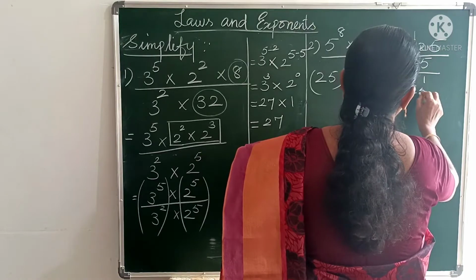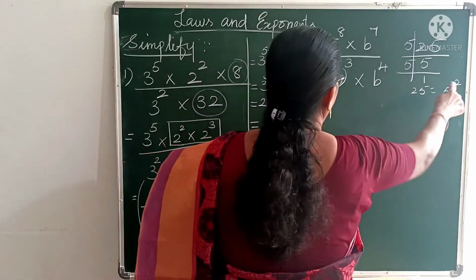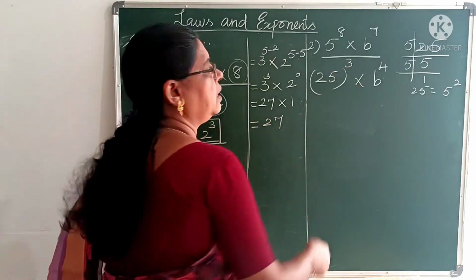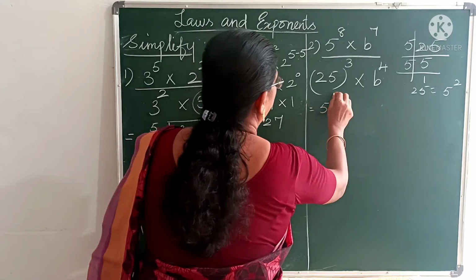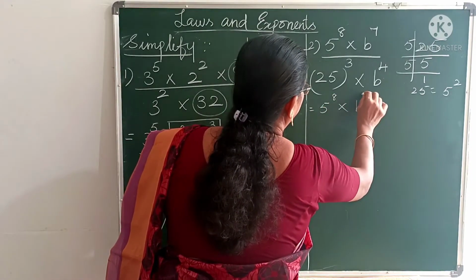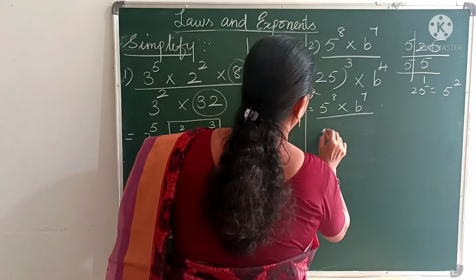So 25 is equal to 5 square. So in the place of 25 we will put 5 square and then copy down the power which is already given.